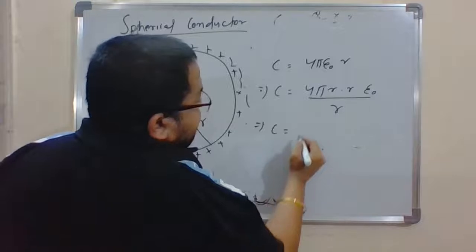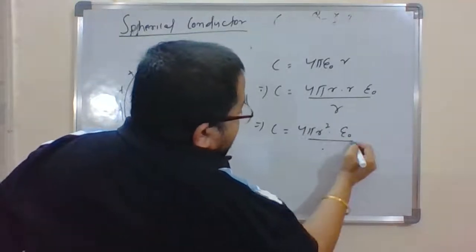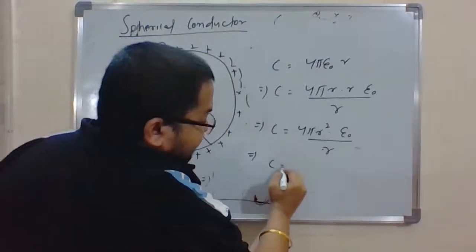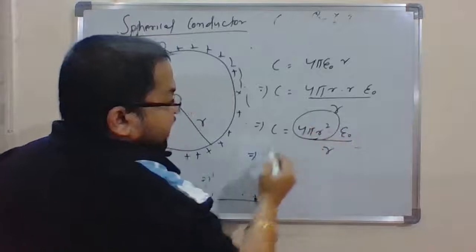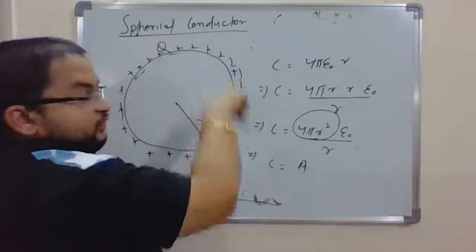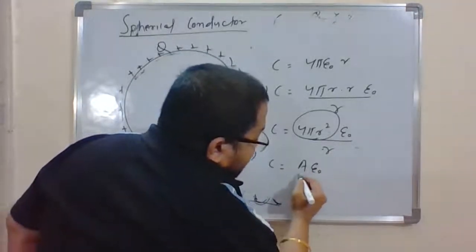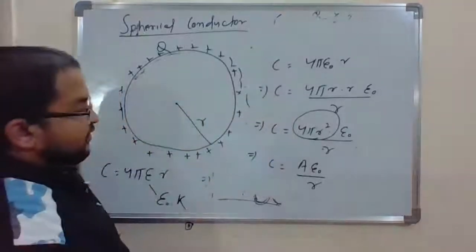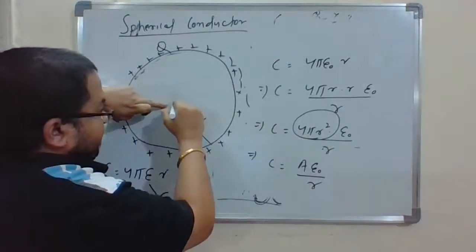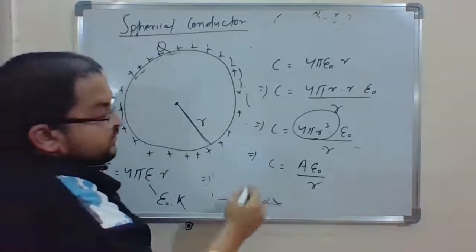So can I say C equals 4 pi r squared epsilon naught by r? What is 4 pi r squared? That is nothing but the area of this sphere. So C equals area times epsilon naught by r, and r is the distance between the center and the surface, obviously the radius.